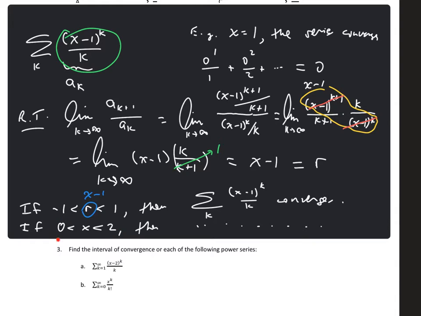So I can see here, this is the core of my interval of convergence. As I expected from up here, x equals 1 is right in the center of this interval. So I knew that was going to happen. We're not quite done yet because this is true. The ratio test did tell us this, but the ratio test also allows for the possibility that this series converges when the r is equal to 1. The ratio test is inconclusive then, but that doesn't mean that we can't know what's happening when the r is equal to 1.